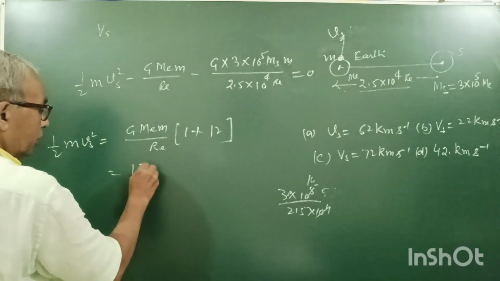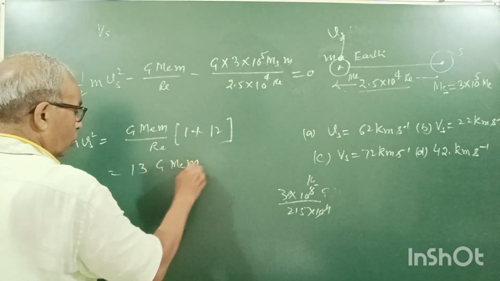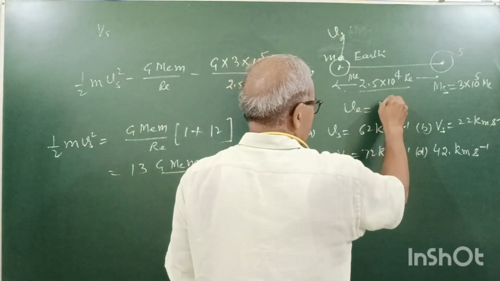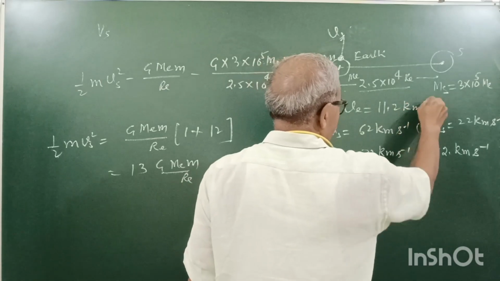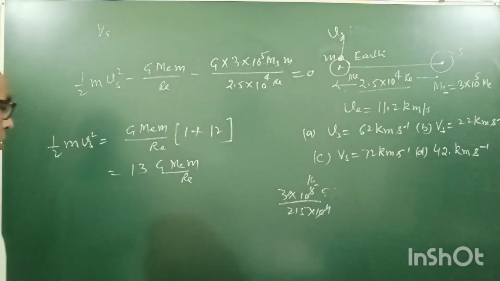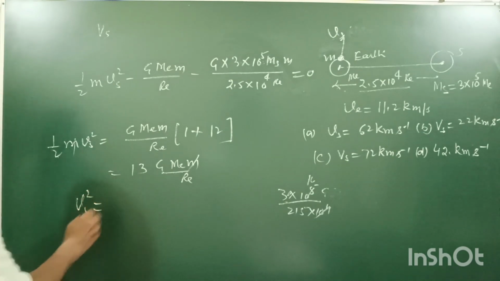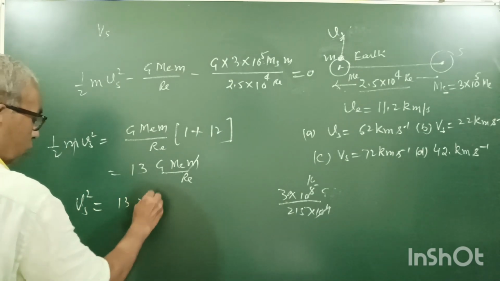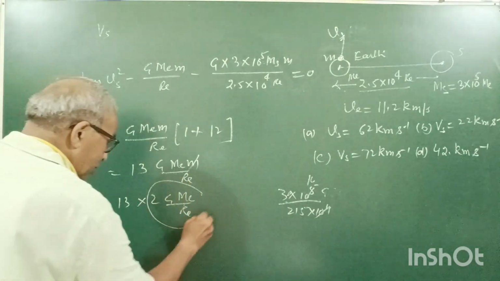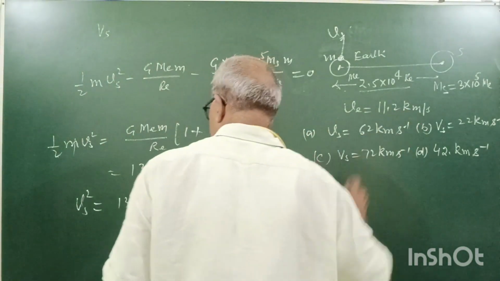So it will be 13 G Me m upon Re. And we are given that escape velocity from Earth is 11.2 km per second. Escape velocity of any object from Earth's surface is this. The m cancels. So Vs square is 13 into 2 G Me upon Re, and this is the escape speed.